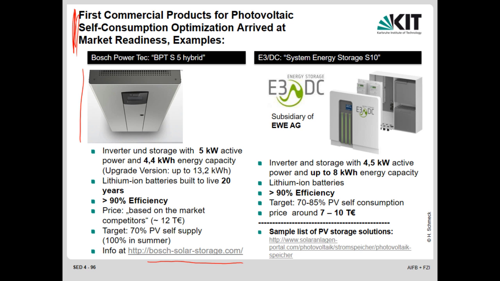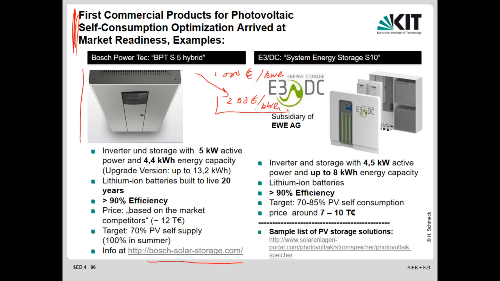But we are all assuming that the prices will go down, and currently they are more or less around 1,000 euros per kilowatt hour, and we assume that they will go down to something like 200 euros per kilowatt hour.